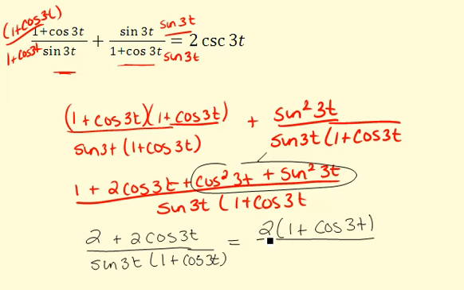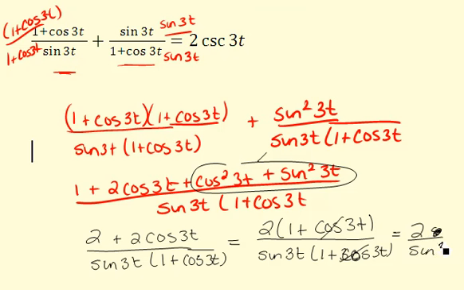We would like to do that so we could cancel with its identical term in the denominator, because 1 plus cosine of 3t divided by 1 plus the cosine of 3t makes 1, giving us 2 over the sine of 3t, which can be rewritten in its reciprocal form as 2 times the cosecant of 3t.